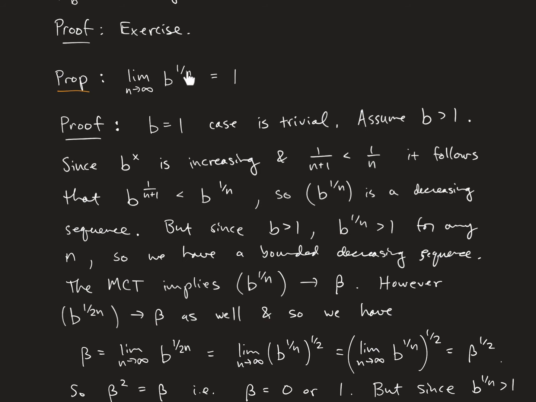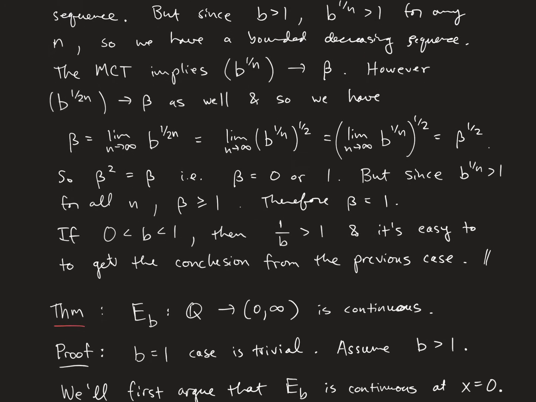So we have these 1 over n's which are going to 0, converging to 0, and we have b to them. So the function along there is also converging. The function is converging to 1. And since 1 is b to the 0, this statement looks quite a bit like it's relevant to having continuity at 0.